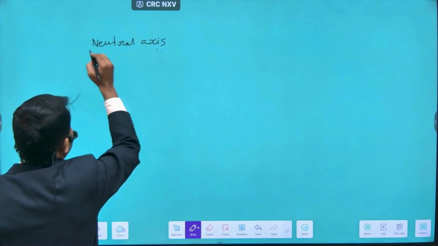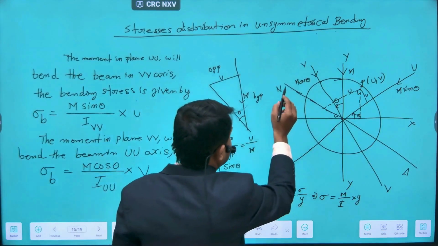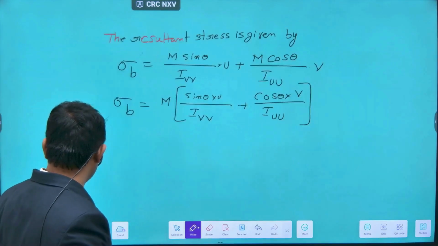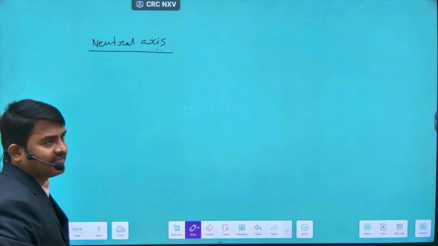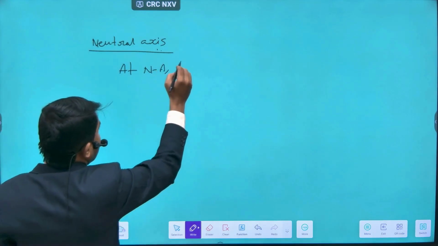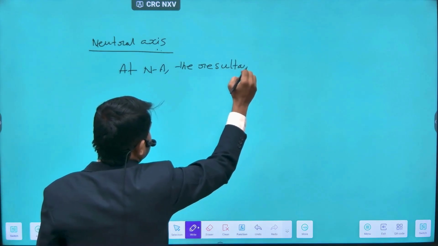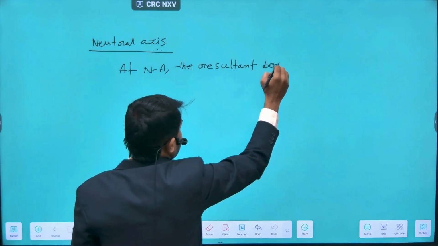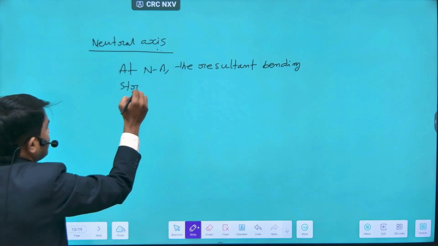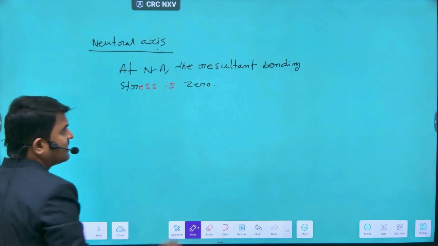For identifying the neutral axis, see here in this diagram. In this diagram, we need the location of the neutral axis. To locate this neutral axis, we have to consider the resultant equation as a reference. This is the statement: at the neutral axis, the resultant bending stress is always 0.